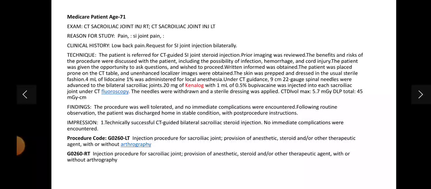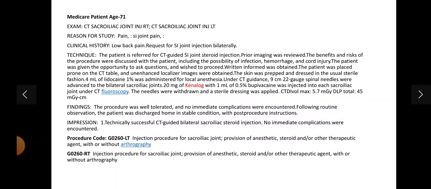Here G0260 is used because the patient is Medicare. It says injection procedure for sacroiliac joint, provision of anesthetic, steroid and/or therapeutic agent, without arthrography. So here they have injected steroid, so we are using code G0260 and the location is the sacroiliac joint. So we are coding it as G0260.